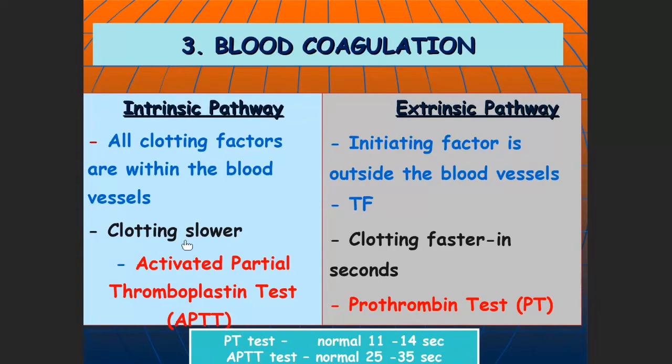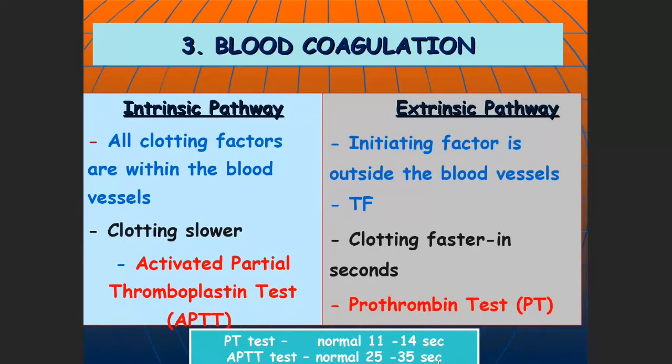This is the test for the factors in the intrinsic pathway, the APTT, and for factors in the extrinsic pathway, we do the prothrombin test, the PT. This is roughly the normal range for the PT, between 11 to 14 seconds, and for the APTT test, the normal range is 25 to 35 seconds. It is a range.